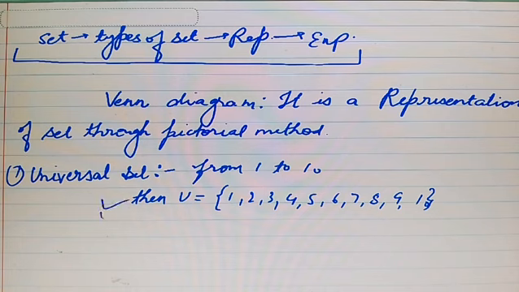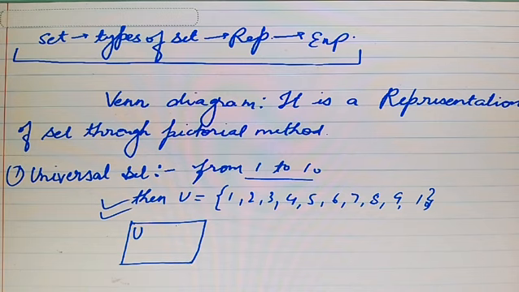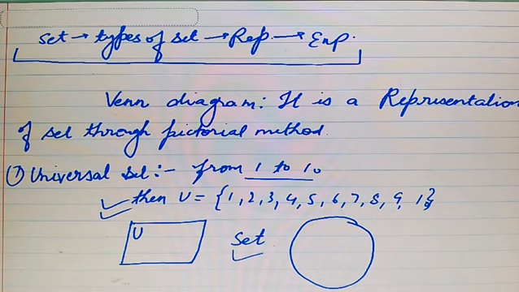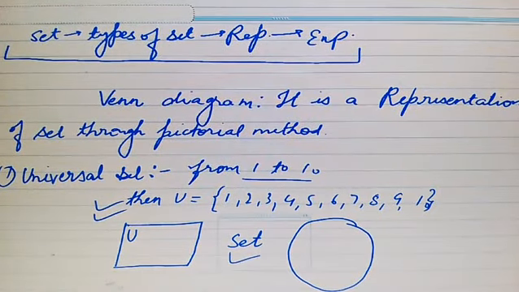So this will be a universal set when we are talking about numbers 1 to 10. It will be represented by a rectangular shape. And a set will always be represented by a closed curve. Mostly it is represented by a circle. Okay, let's move forward.